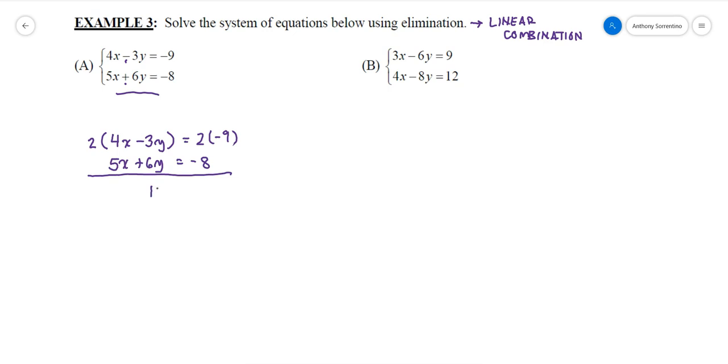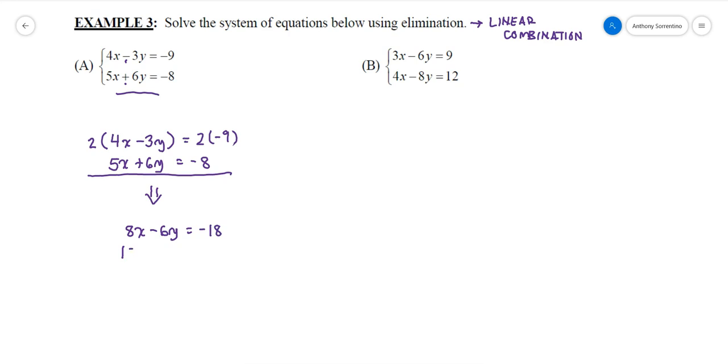And so when I get my new system, since I'm multiplying both sides of the top equation by 2, I'm still making it equal. I'm making yet another equation that's going to have the exact same solution, but this one will combine better with the 5x plus 6y equaling 8, because I'm going to have 8x minus 6y equals a negative 18.